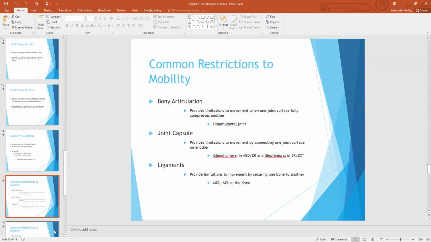Next up, joint capsule. So this actually limits movement by connecting one joint surface to another joint surface. Think about, and here's where you get to imagine this with me, we're looking at the glenohumeral joint, so our shoulder joint.